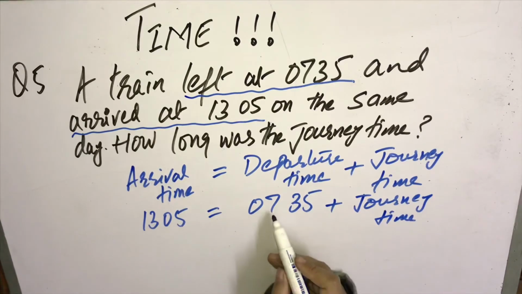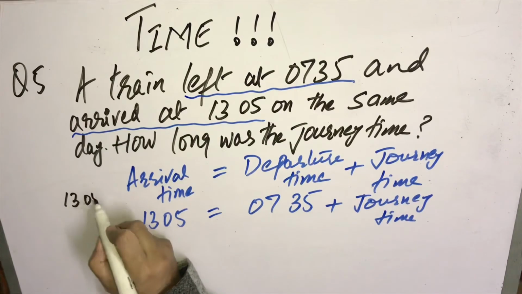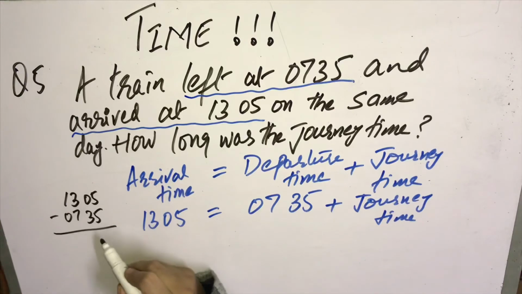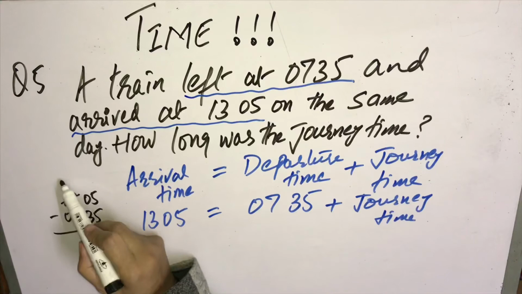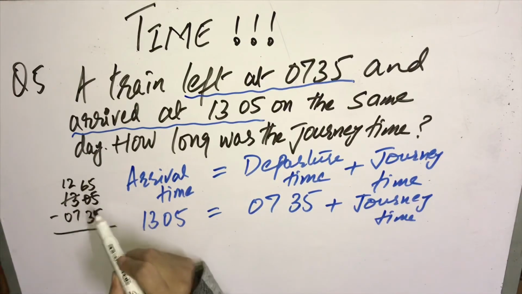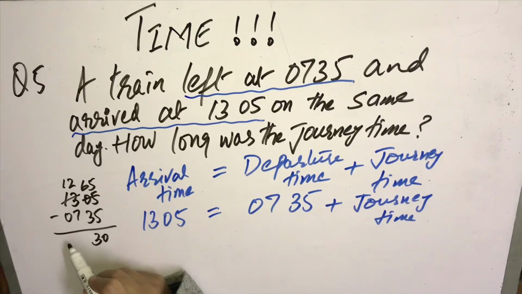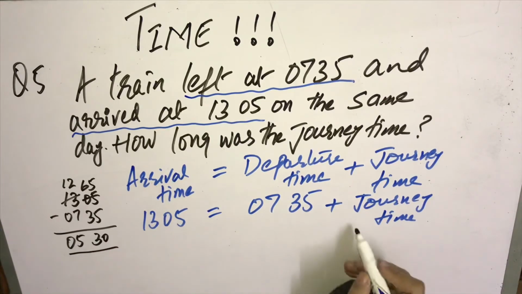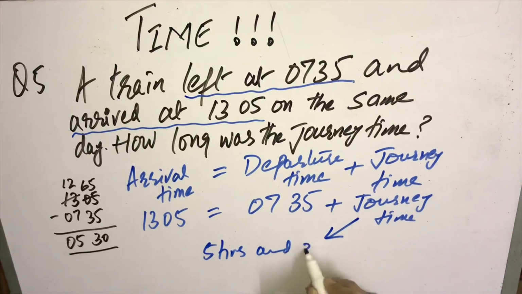When we take this departure time to the other side, we have to subtract 1305 minus 0735. Always subtract hours from hours, minutes from minutes. We cannot subtract 5 from 35. We shall borrow 1 hour. It will be now 65 instead of 5. 65 minus 35 is 30. 12 minus 7 is 5, 05. So the journey time will be 5 hours and 30 minutes.